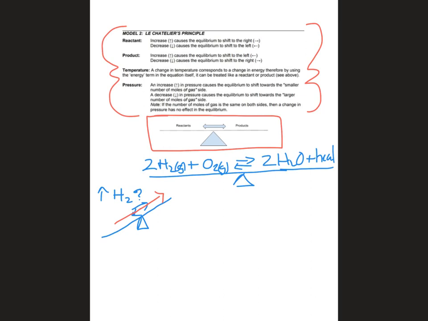Because if we shift it to the right, then the weight on this side of the teeter-totter is going to get a little bit bigger, and the weight over here is going to get a little bit smaller. And so the teeter-totter, once that shifts, will come back to equilibrium, be nice and flat, all right, because everything has shifted away from where I added and become flat.